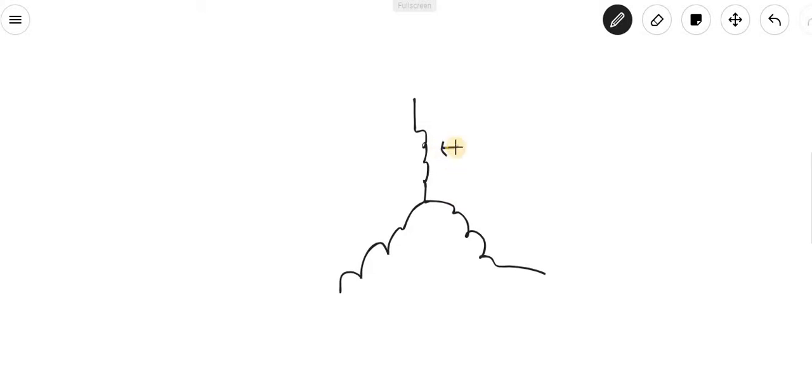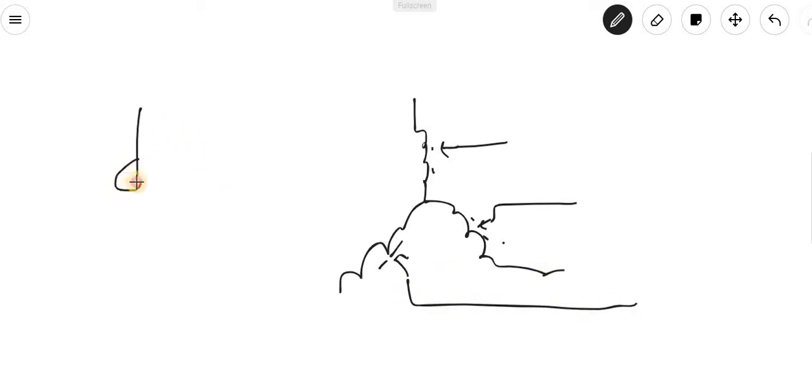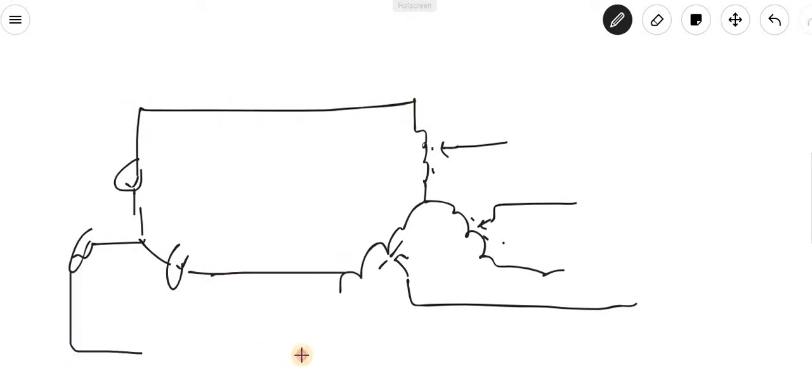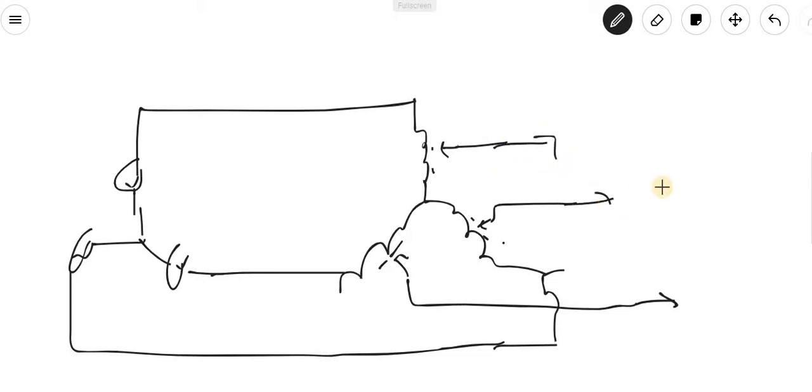So simply, we got it like this. This will be the variable point, and here there may be the supply, and this point is the load or variable point.